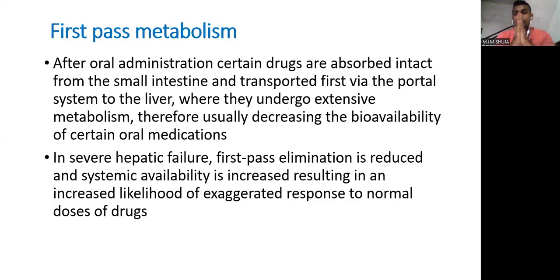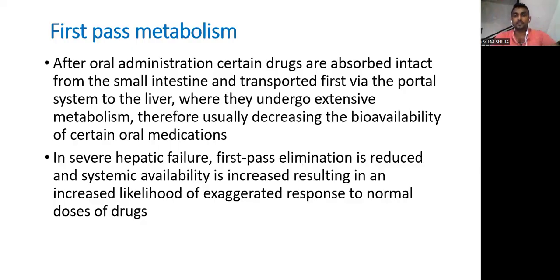From the liver, they undergo metabolism, and from there it reaches the blood. So when it gets metabolized in the liver, the amount reaching the blood is reduced. That is first pass metabolism.